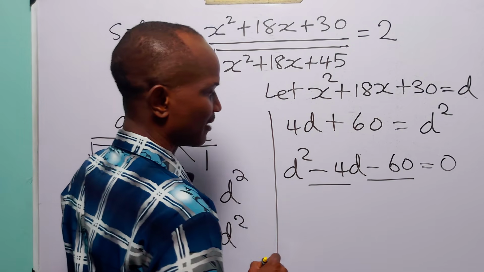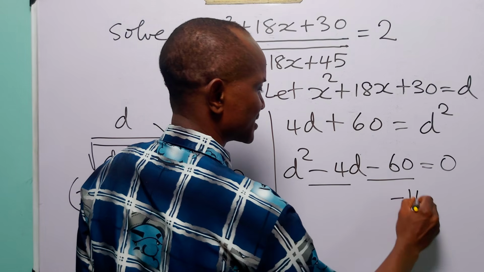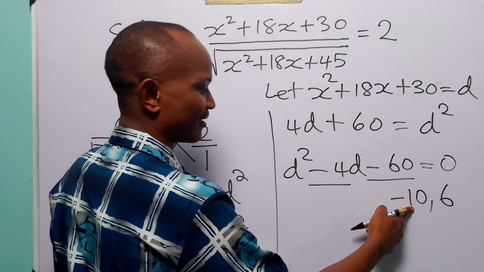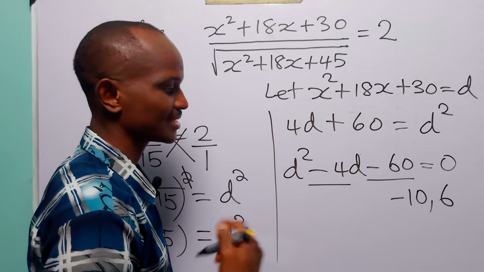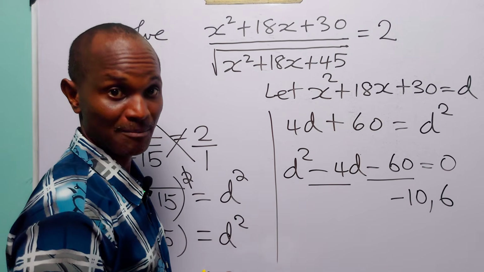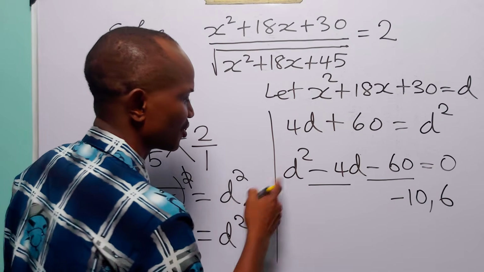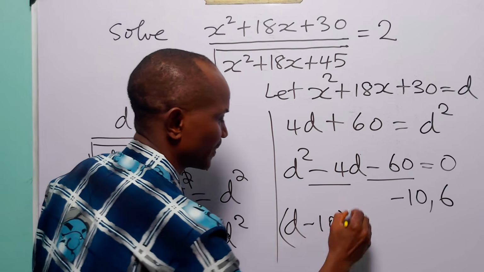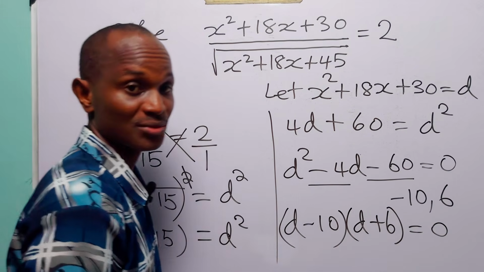And of course, we have minus 10 and 6, because minus 10 times 6 is going to give us minus 60, while minus 10 plus 6 is going to give us minus 4. So when we factorize the left hand side of this equation, we have d minus 10 times d plus 6 is equal to 0.